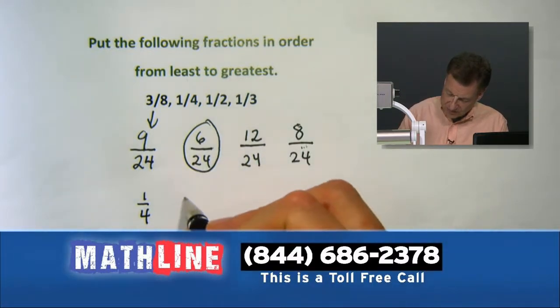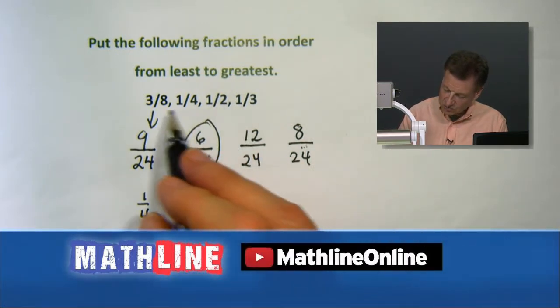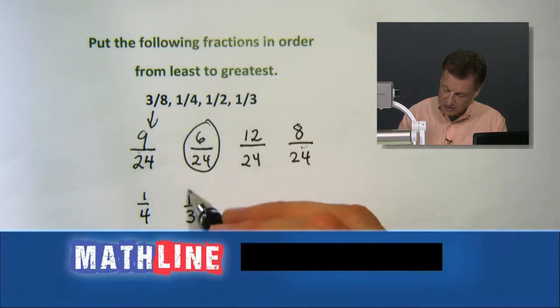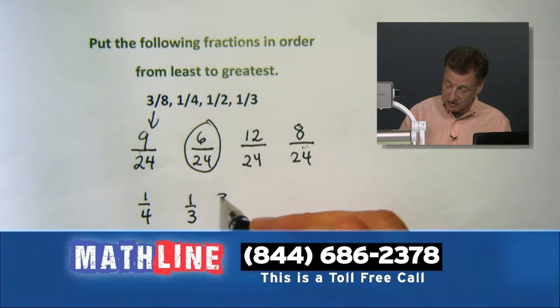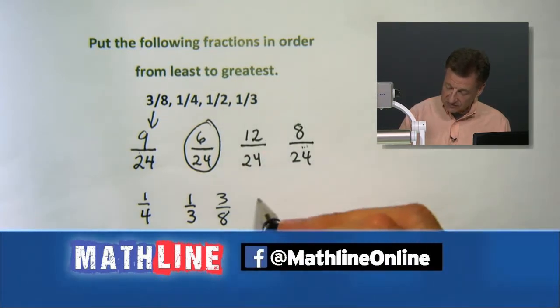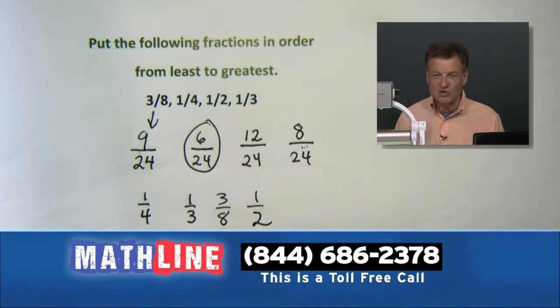So 1/3 pops up next. And then we're working our way up to 9/24, which is pretty close there, folks. But still a little bit more, so there's your 3/8 moment. And, wow, 1/2. So there's your ordering from least to greatest.